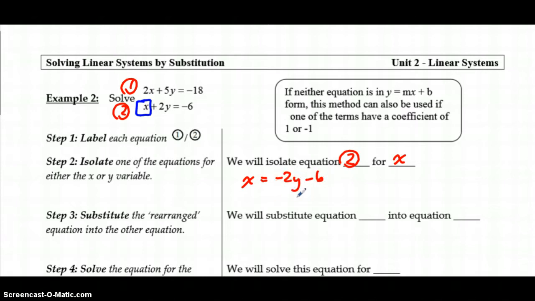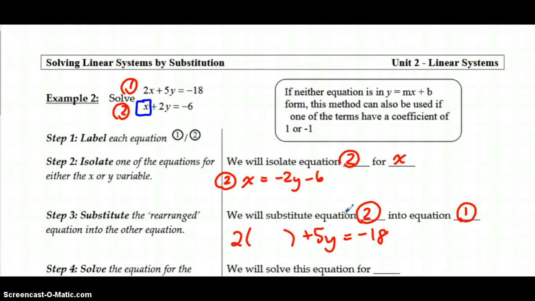And now I have that second equation rearranged so that I can substitute it. So now we're going to substitute the rearranged equation 2 into equation number 1. So grabbing our original equation, 2 times x plus 5y equals negative 18, and I'm going to grab this rearranged expression for x and substitute it in here.